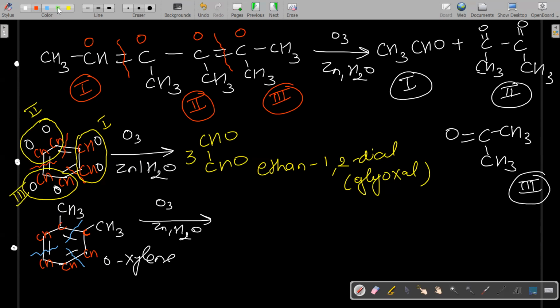And everywhere you can put what? Oxygen. This is one oxygen, so CH3CO. Here also we can put one oxygen. Everywhere we can put one oxygen, right? So what product are you getting? Tell me. Yes, this is one product. This is the second product, and this is the third product.